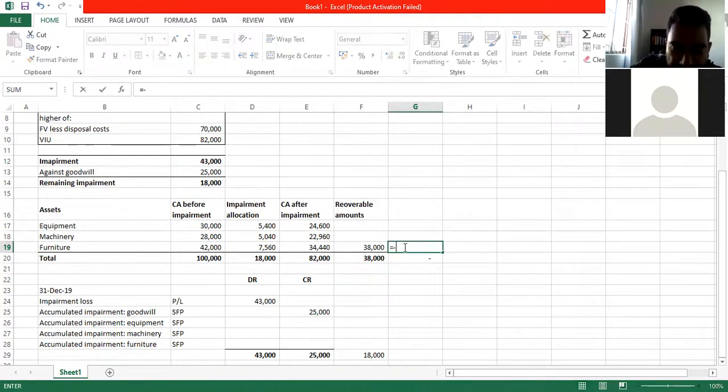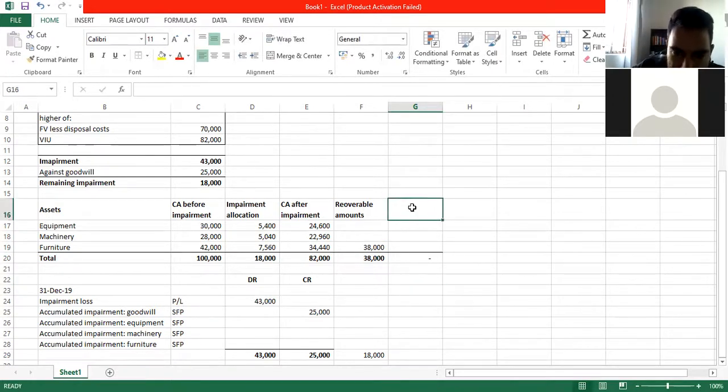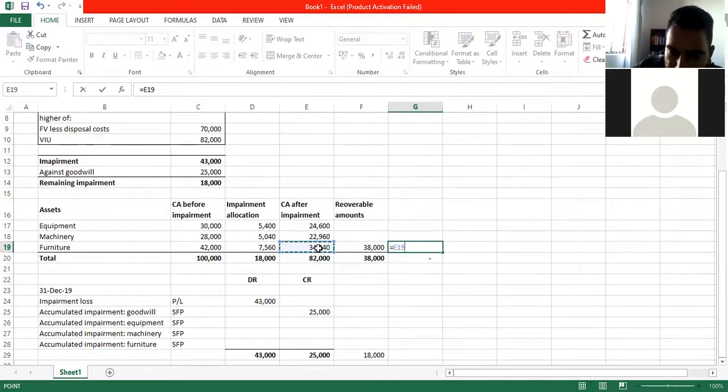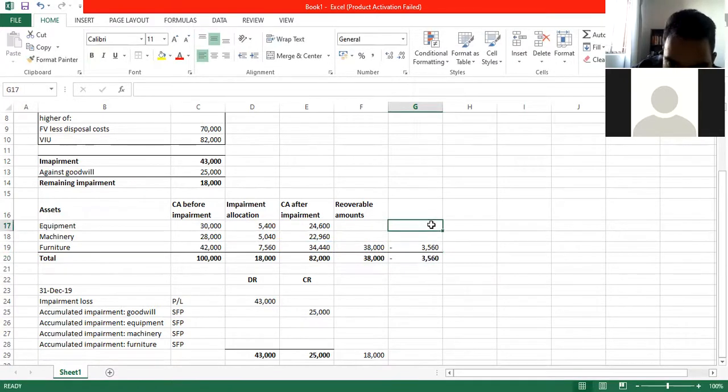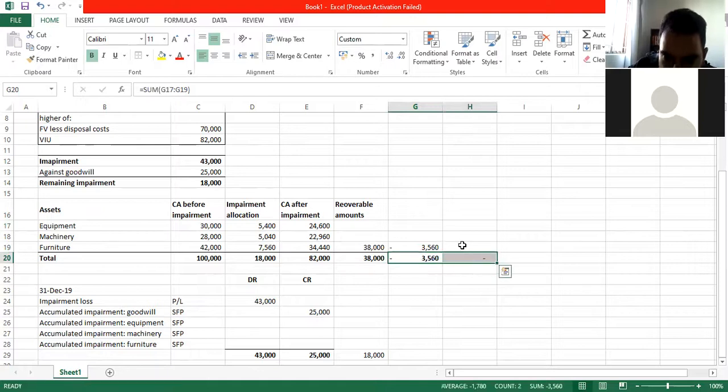So the way you just reduce it, we will just have the following. As you can see, it is simply going to be a situation where we have to reduce that impairment by that.